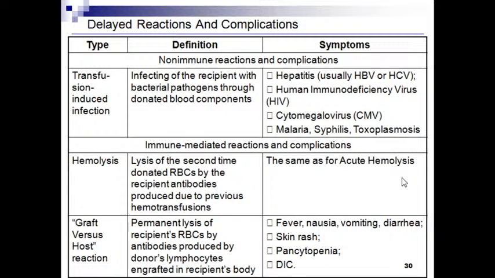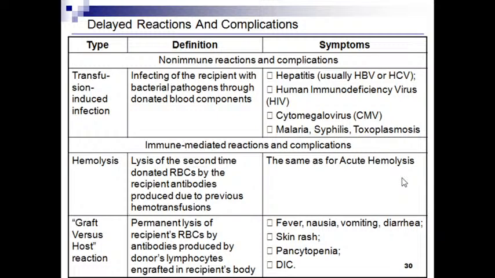And immune-mediated reactions and complications, delayed variant, post-transfusion hemolysis. This is lysis of erythrocytes, second time donated, by the recipient antibodies produced due to previous hemotransfusions. If a patient has repeated hemotransfusions, during the first transfusion he can be immunized against donor erythrocytes, and immune system of the recipient can produce antibodies to erythrocytes.